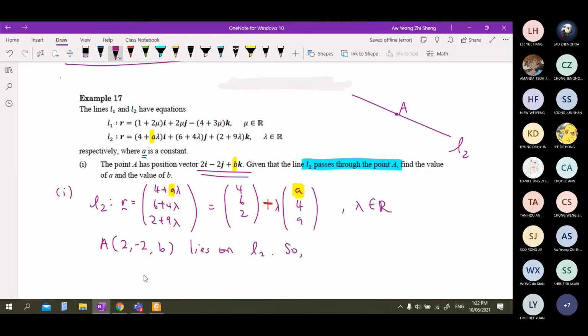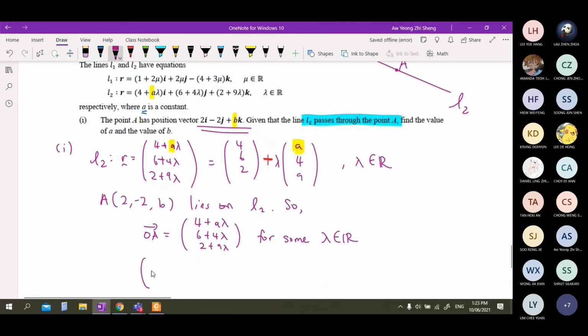So we are 100% sure that OA will satisfy the vector equation of L2: (4 plus A lambda, 6 plus 4 lambda, 2 plus 9 lambda) for some lambda in R. OA is just (2, -2, B).